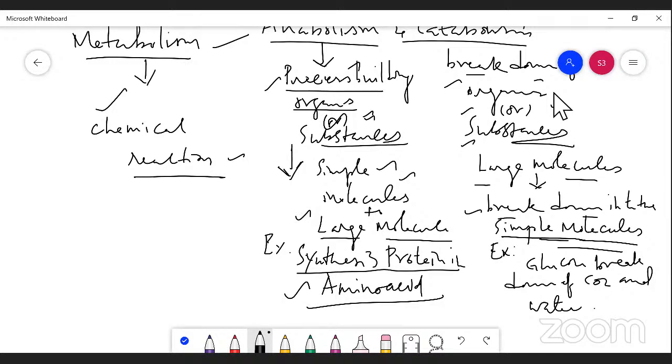For example, the synthesis of protein from amino acids, and the breakdown of glucose into carbon dioxide and water. In anabolism energy is stored, and catabolism releases energy, which is used.